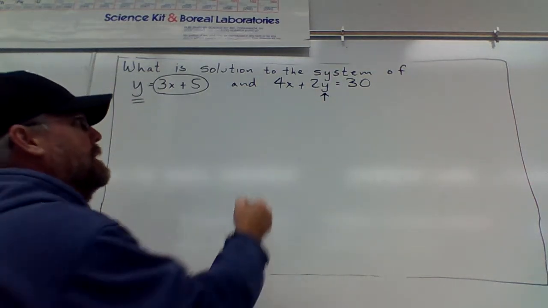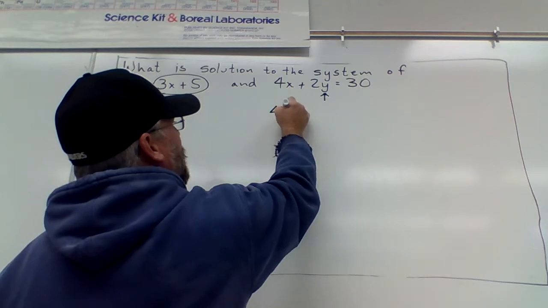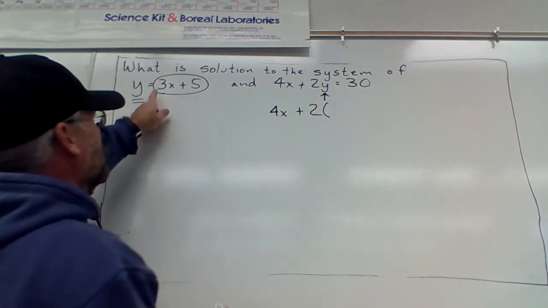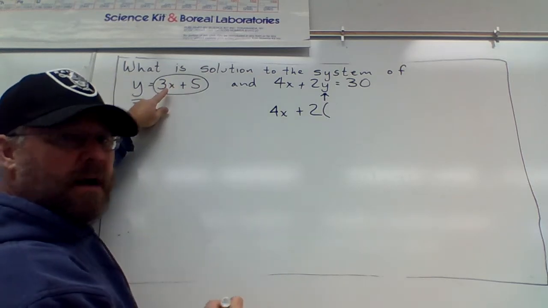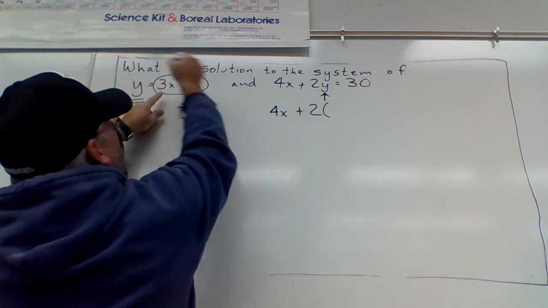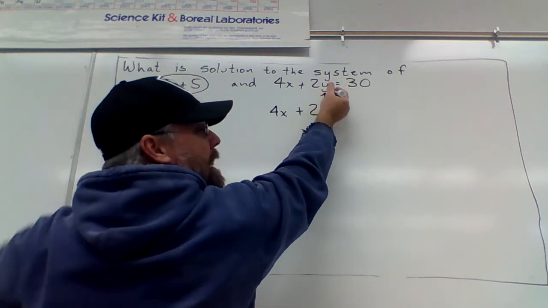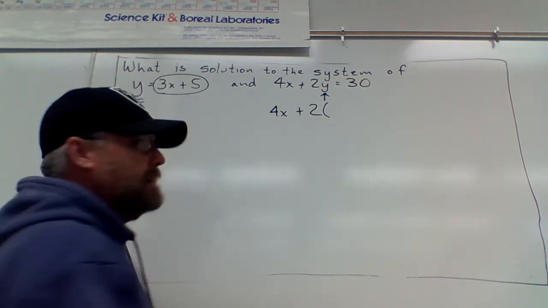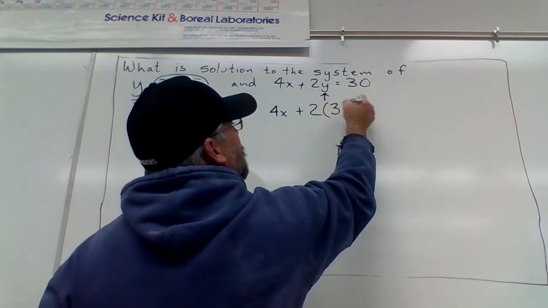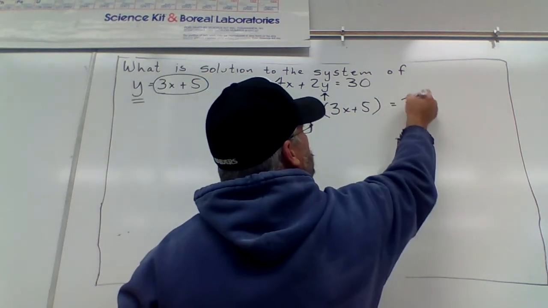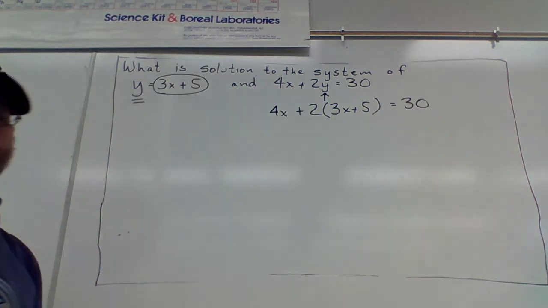And so what I do is I take 4x plus 2 times 3x plus 5. So since y is 3x plus 5, I can plug it in here for this y, which is 3x plus 5. So I'm going to take 3x plus 5, plug it in there, and then that's still equal to 30.